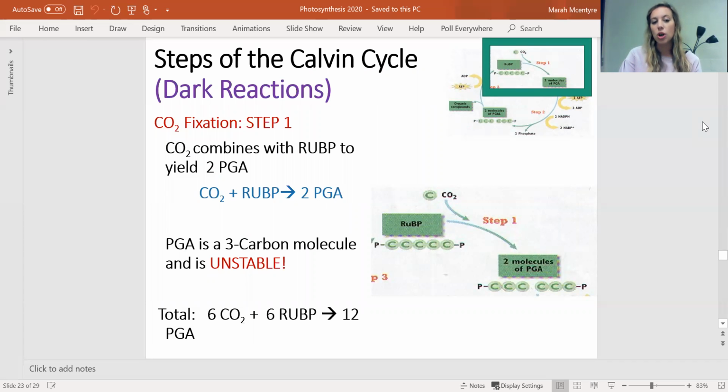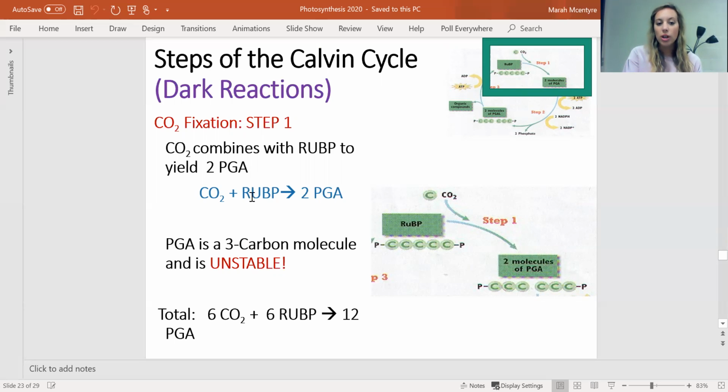Our first step is carbon dioxide fixation, or carbon fixation. This is basically where our carbon dioxide that we started with and our RuBPs, which we also started with, are going to meet up and combine. Carbon dioxide can donate its carbon.